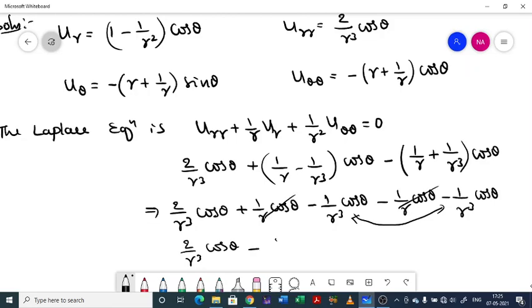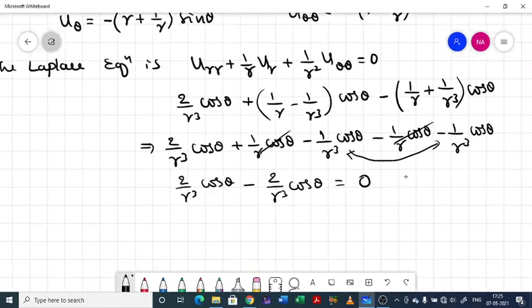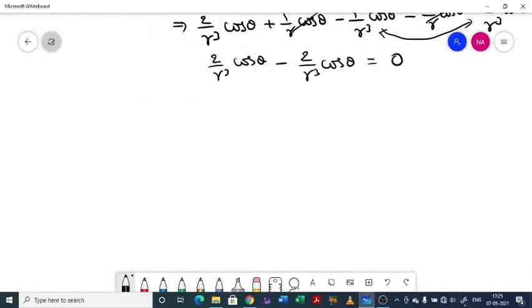Adding these two, you get minus 2 by r cube cos theta. Same denominator, so you can add numerators. That is 0. So the function is harmonic. Hence u is harmonic.